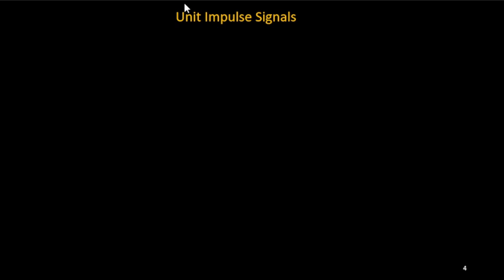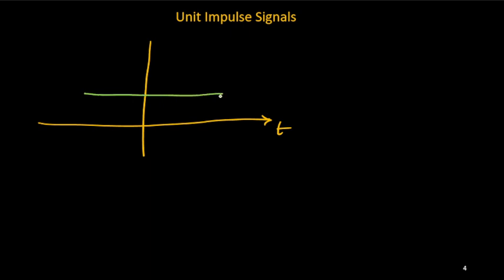Suppose I consider one signal like this. This is the time axis. I can consider one gate signal, with this side being plus capital T and this being minus capital T, and this is at 0. So this width is 2T, so this width delta equals 2T.